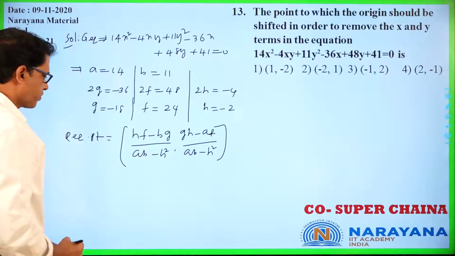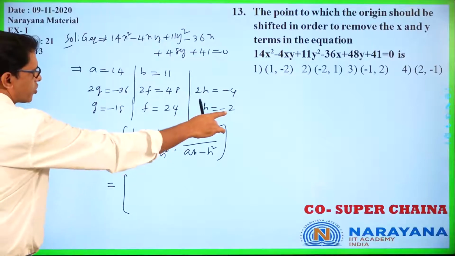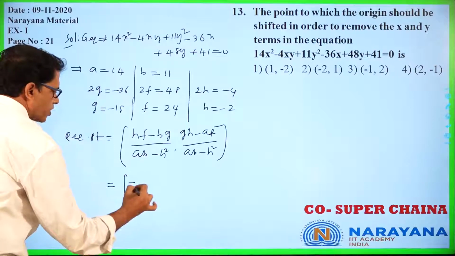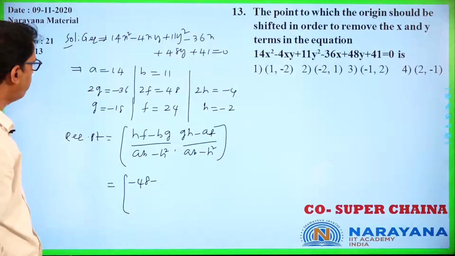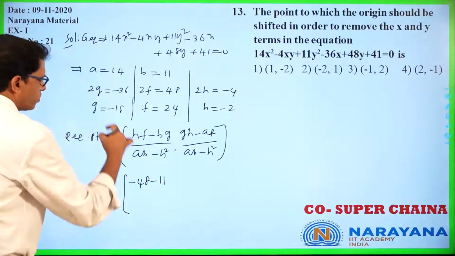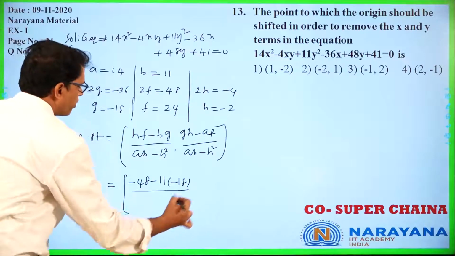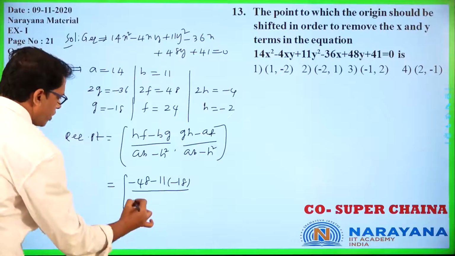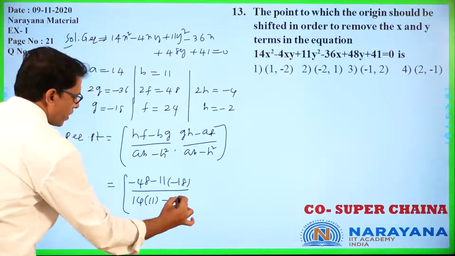Apply the values. h value is minus 2, so minus 2 into 24, hf, minus 48, minus b into g: b is 11, g is minus 18, upon ab: a value 14 into 11, minus h square value 4.